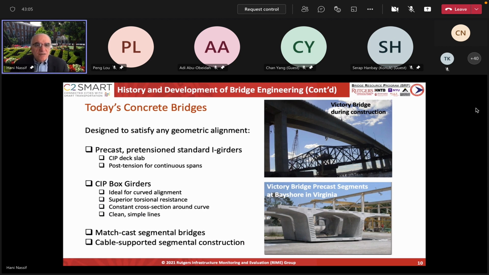So, the idea now we are moving towards, or at least our research, it's still in research stages, albeit it has been used in a couple of bridges, is to use non-metallic tendons, especially for unbonded. And the problem with unbonded tendons is they were very brittle compared to the steel tendons.